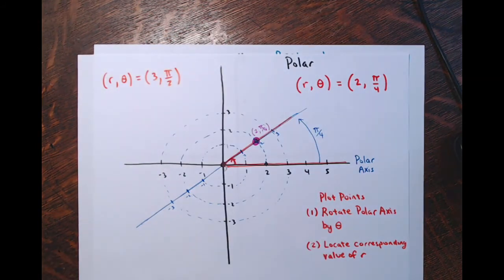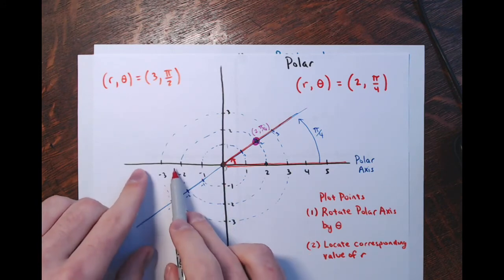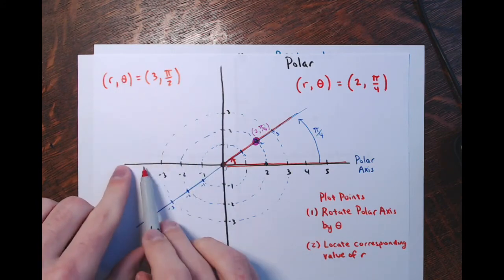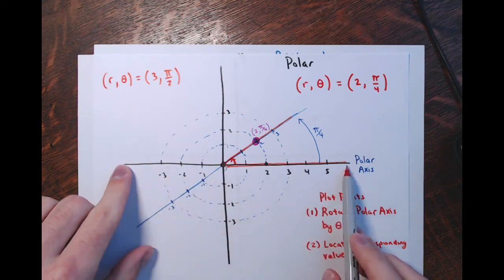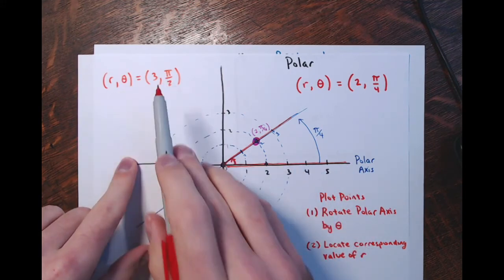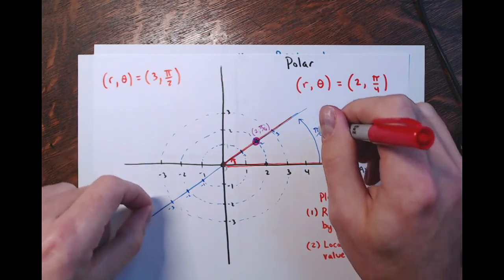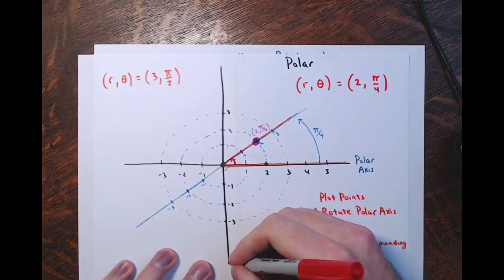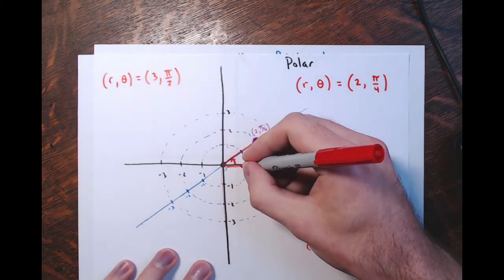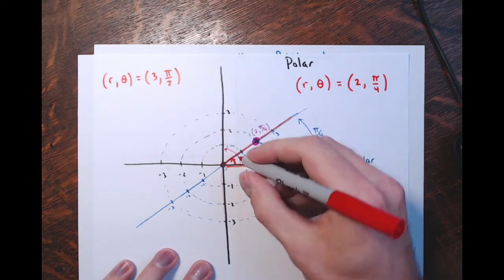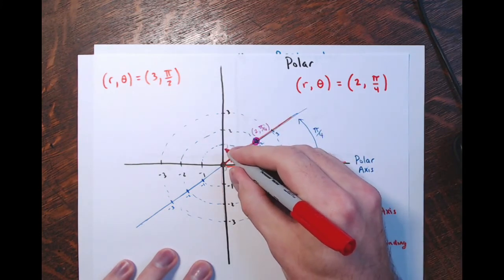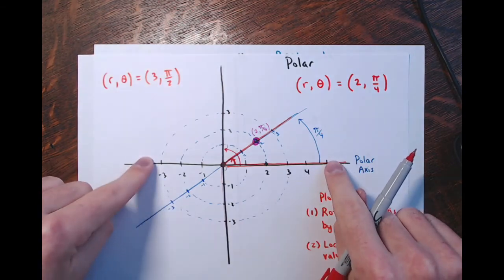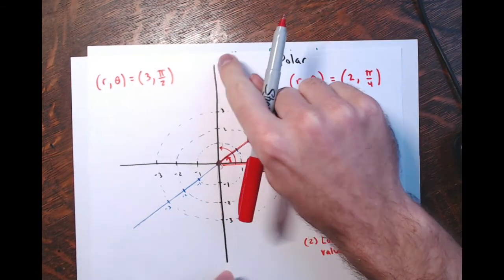So again, there are a couple ways you can do this. One way is to sweep out theta first. Take the polar axis here, and then theta is positive pi over 2. So rotate the polar axis positive pi over 2, lining up the polar axis with this vertical axis.